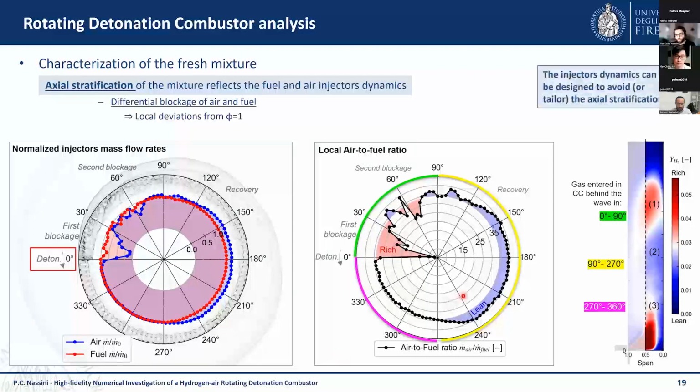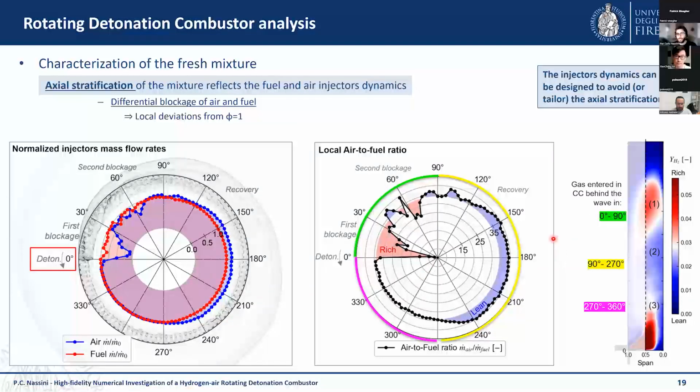What's very important is that this is also observed in other studies. We can also remark here that the injector dynamics is very important, and maybe more important than the injection of the injectors at full load, so unperturbed injectors.